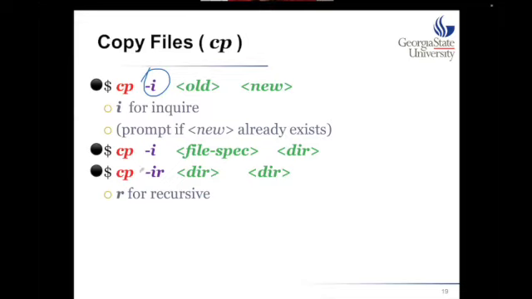And also, please note the R option. R option means recursive option. It means you are using the cp command to copy files and directories from one location to another location, but the R option will allow you to copy directories that have subdirectories within them. Okay, so R means recursive.